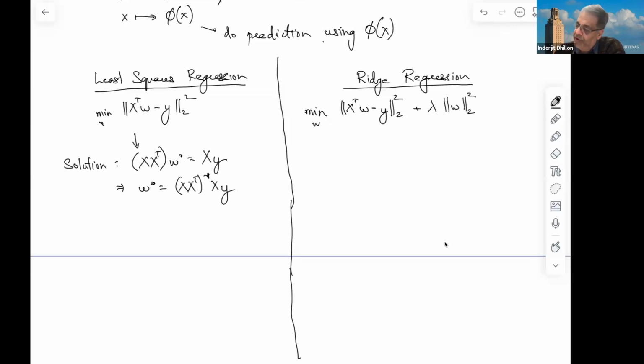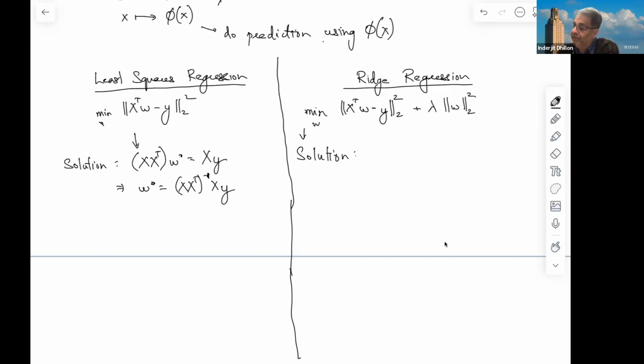Well, what is the solution over here? Okay, I'll leave it as an exercise. You can again mimic what I did for least squares regression, and it's not really complicated at all.